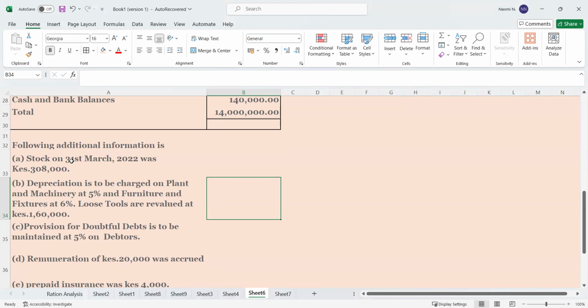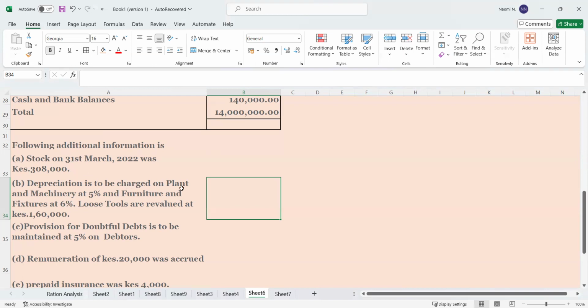So this implies that at the end of whatever we are going to adjust, we need to make sure that in our adjustment column, we have 308,000 as our closing stock for Jaber.